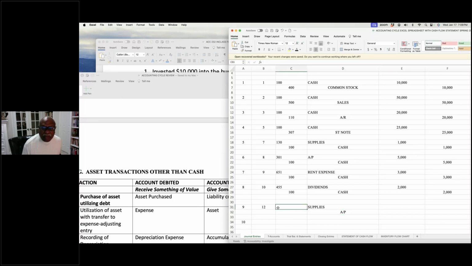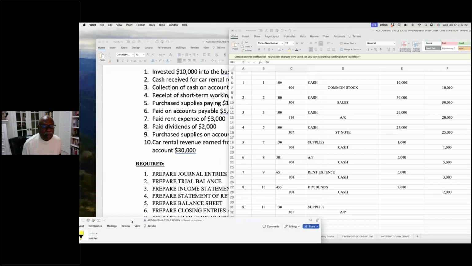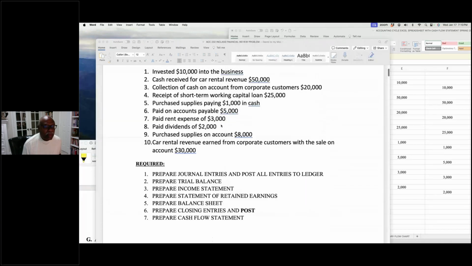What's the account number for accounts payable? 301. And our amount was how much? 8,000.